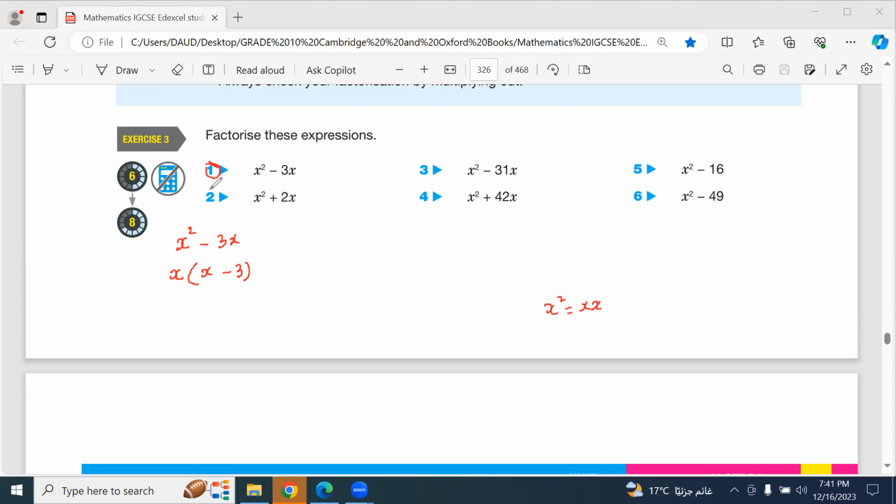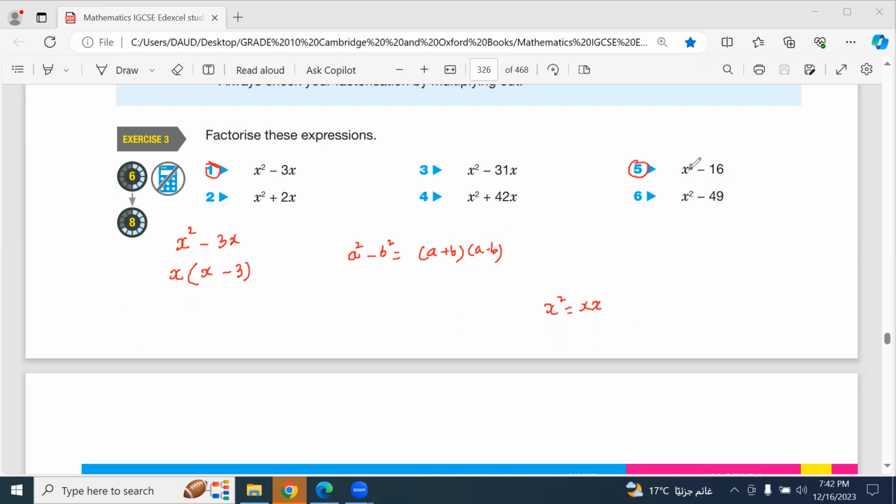But in a few cases you will find it's not straightforward, like for example question number 5. In these two terms nothing is common, we have letters and numbers. So we will think about the formula of difference of two squares. I hope you all know that a square minus b square equals a plus b, bracket open, a minus b. But the thing is that you must have square numbers.